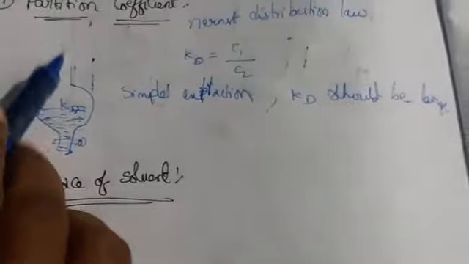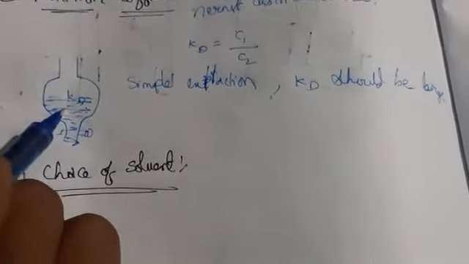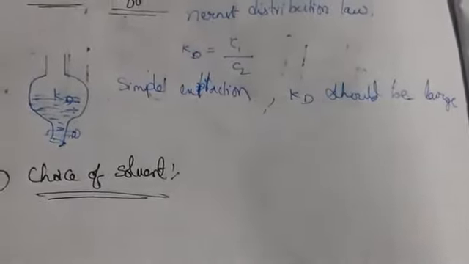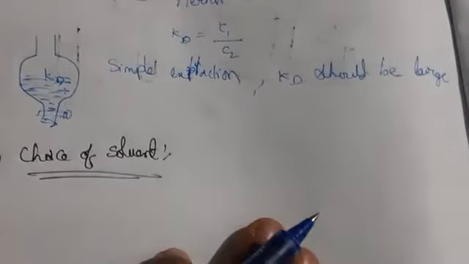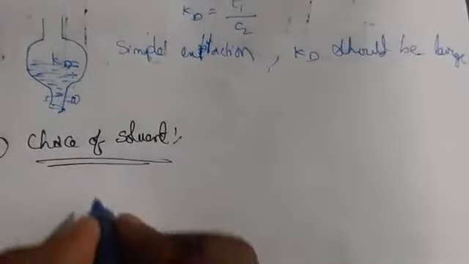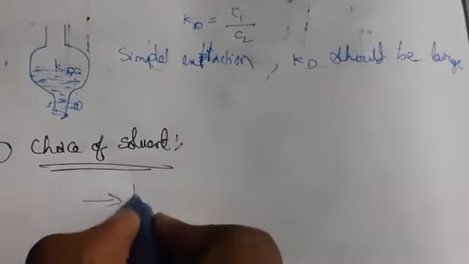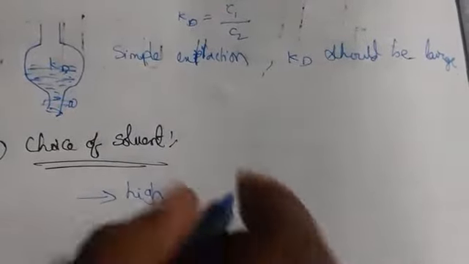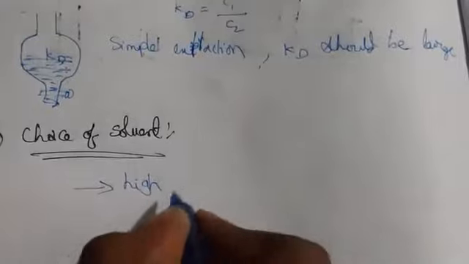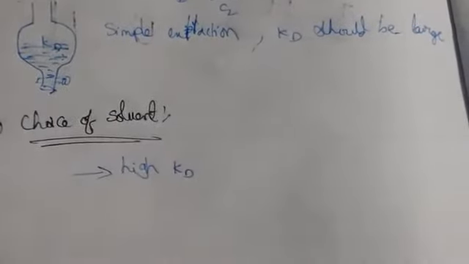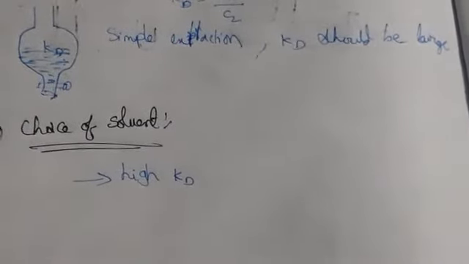Whenever you add a compound to the separating funnel, you have to choose a proper solvent. The solvent we take should first of all have a high distribution ratio, that is, a high Kd value, a high partition value.